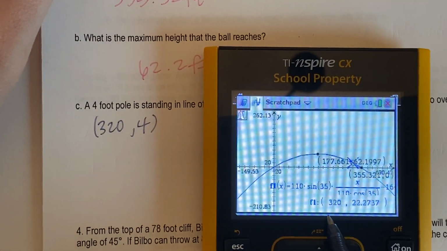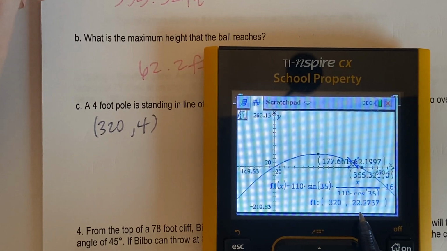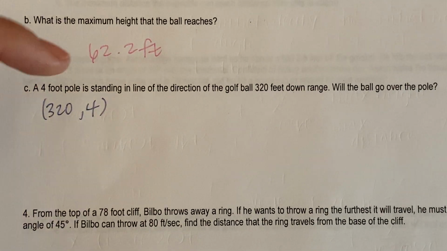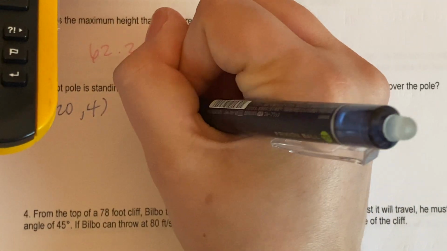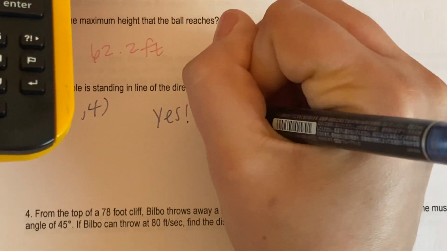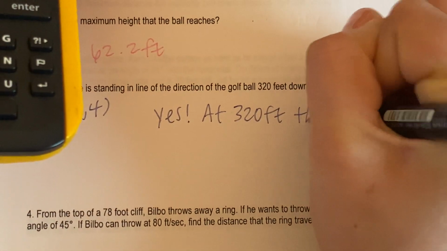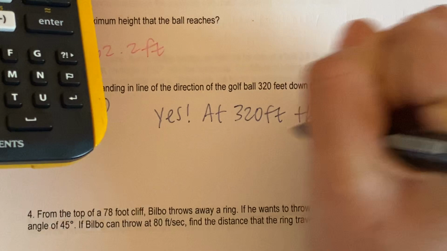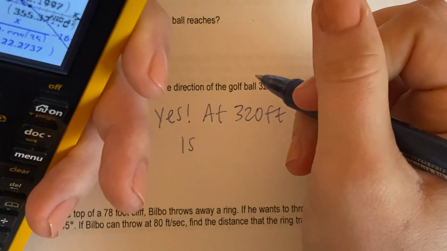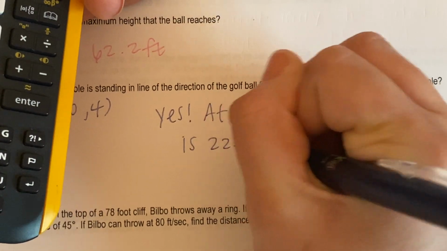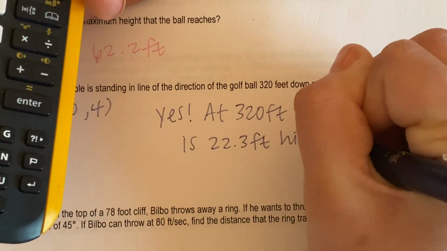So at 320, the golf ball is 22 feet high. Is that gonna clear a 4-foot pole? Yes. At 320 feet, the ball is 22.3 feet high.